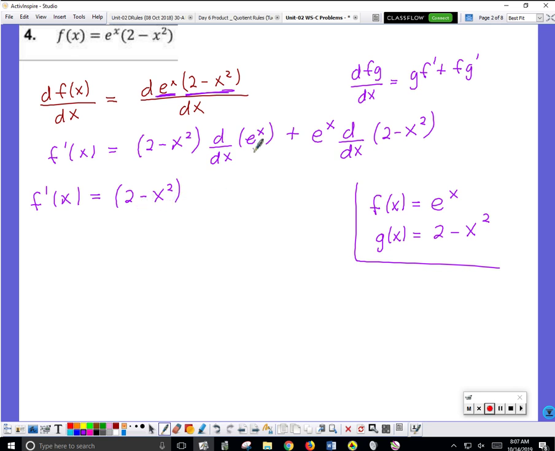The derivative of e to the x is really simple. It's just e to the x. And then you would have dx over dx. But after 80 problems, that's just going to be 1. So then you need to do that again. Just wave at me. Everyone's waving. Plus e to the x.